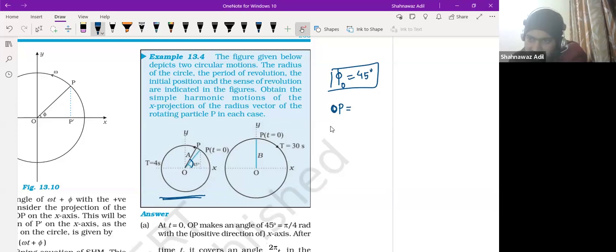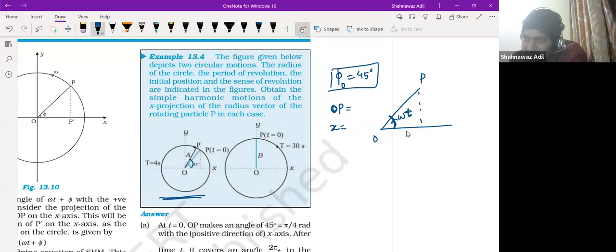So this OP, we want to calculate the projection of this OP. So let's say you have a vector OP, and this angle is some angle, and this is moving in this way. So this is omega t.